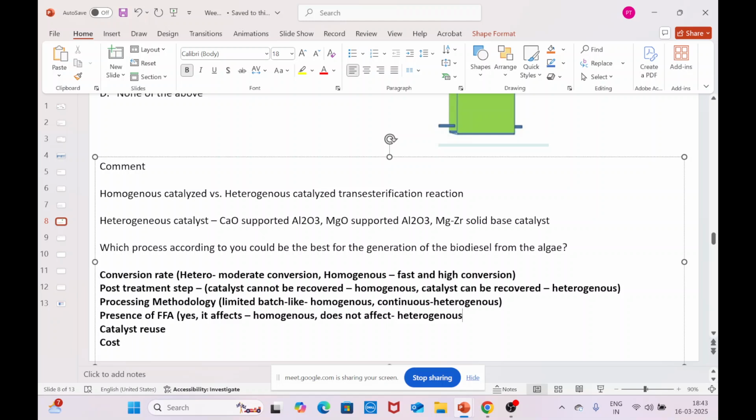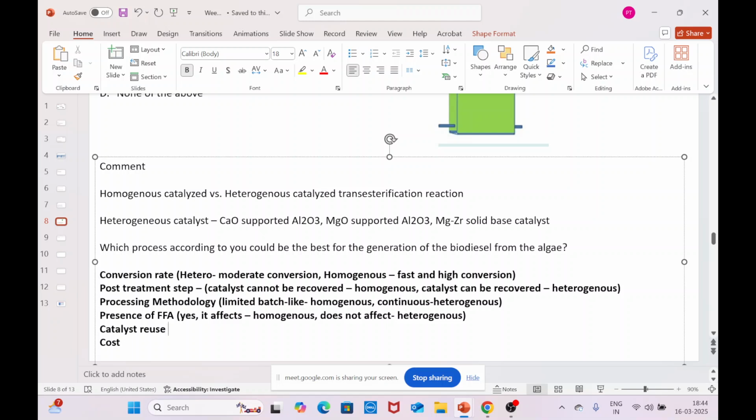And since catalyst cannot be recovered, reuse is also not possible in homogeneous, whereas it is possible in heterogeneous, where you can recover the catalyst, treat it, and use it again.